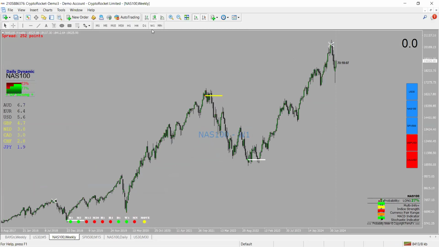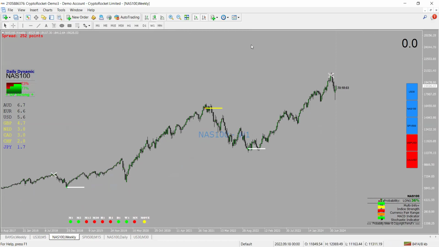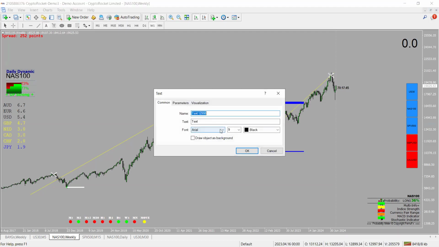All right, now if you go to the weekly on NAS, the goal is going to be to identify the market phase. Now you can see market made a high, low, and a high. So we have a high and a low, so this would be BOS.